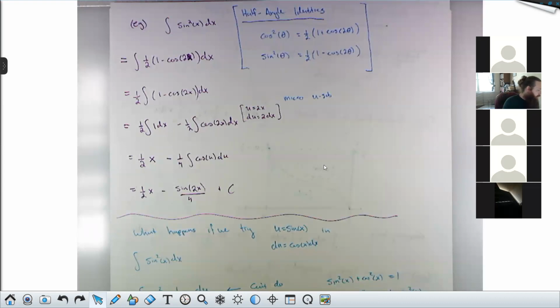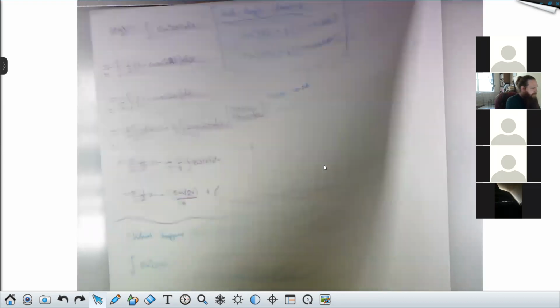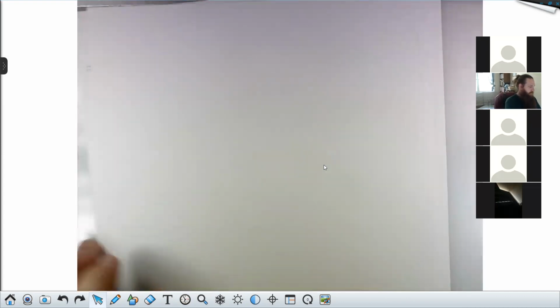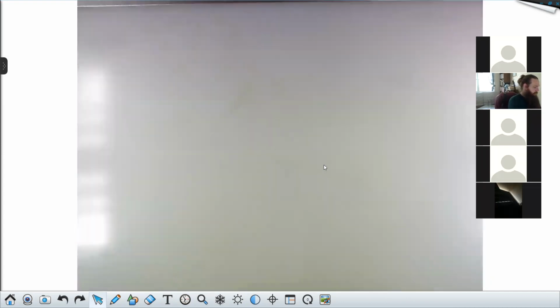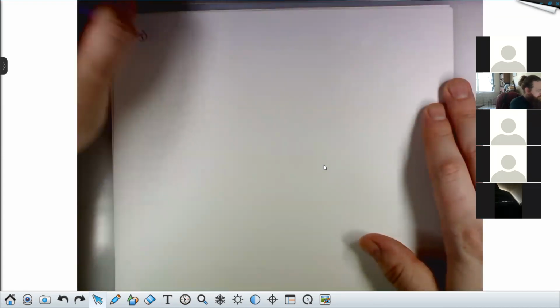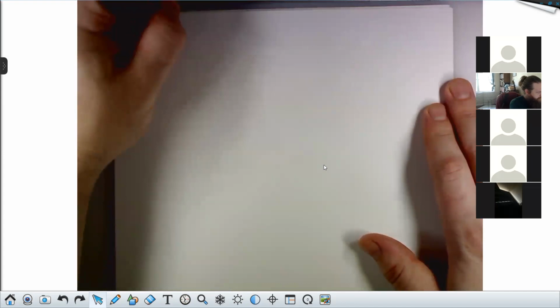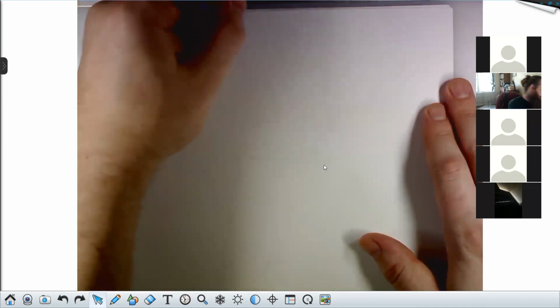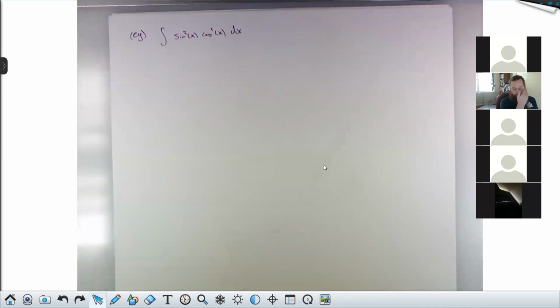Okay, one more even powered thing. One more sine cosine integral absent any odd powers. The truth is, these are the nasty case, right?